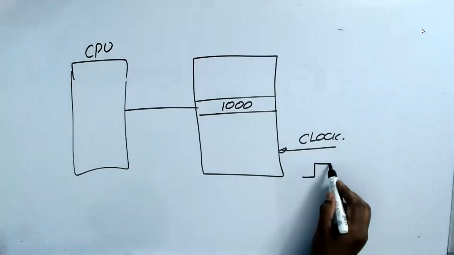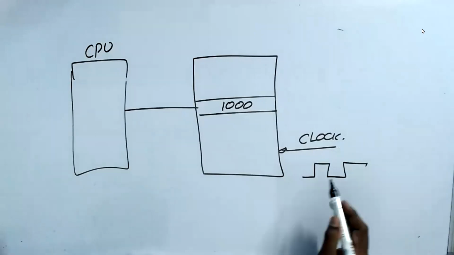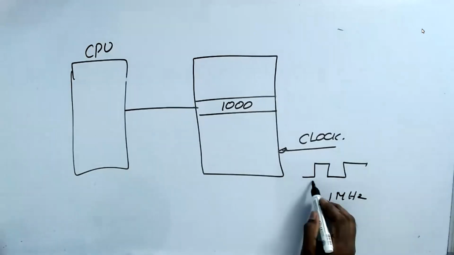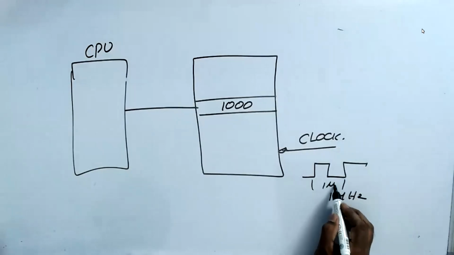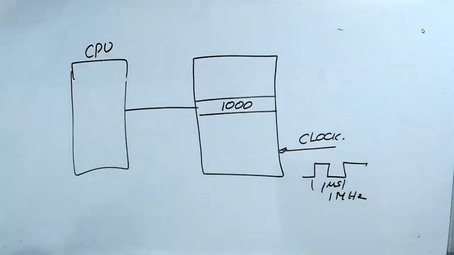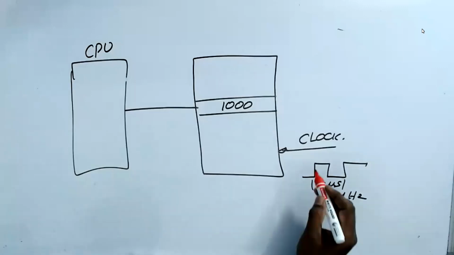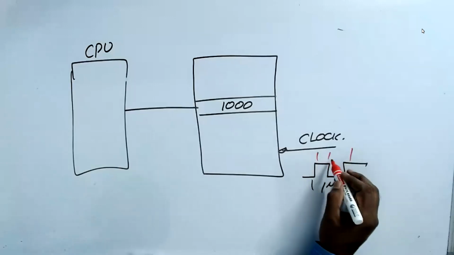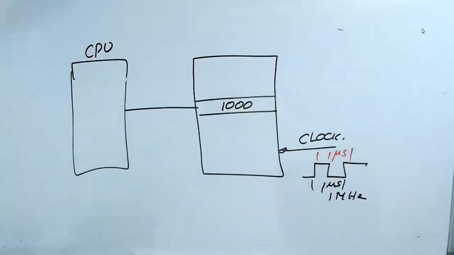Let us assume the clock is 1 megahertz. That means the duration is 1 microsecond. So if the clock duration is 1 microsecond, I've written the value 1000.